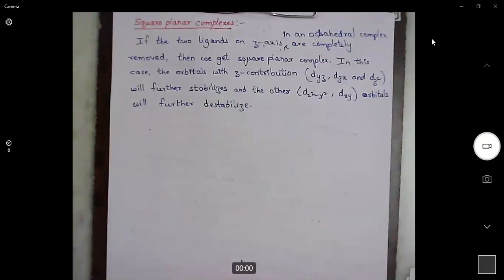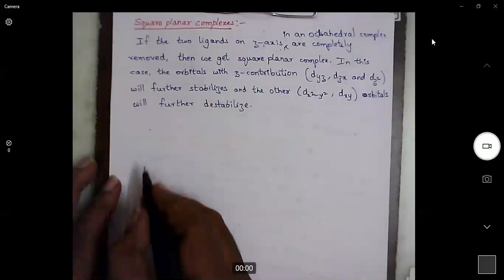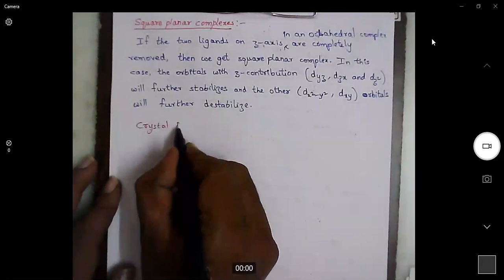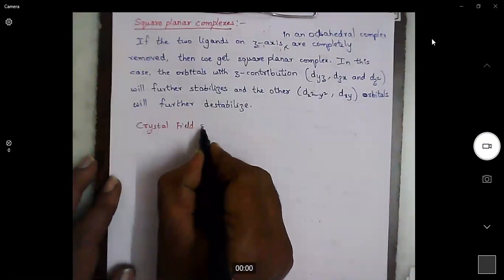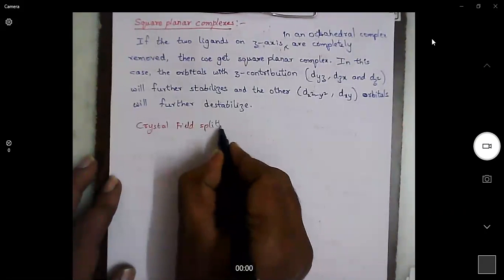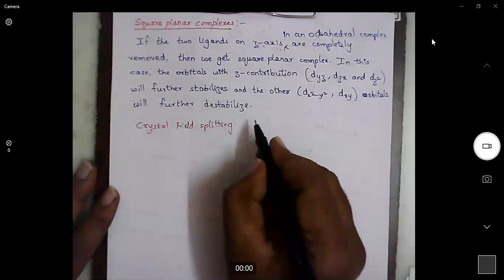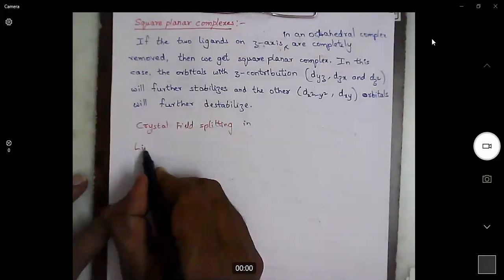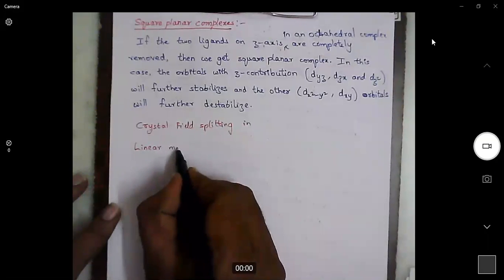Now we will look at crystal field splitting in other molecules. For example, first we will take a linear molecule.